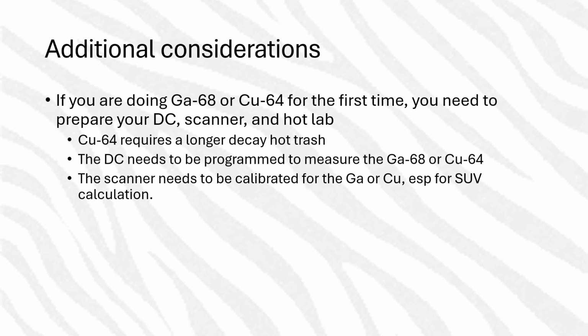If you're using copper, you also need a longer decay hot trash to store your copper because it will decay a lot slower than the F18 or the gallium. And the scanner needs to be calibrated for gallium or copper, especially for SUV calculations. And typically a physicist can help with that, and the scanner manufacturer would probably have recommendations for that as well.